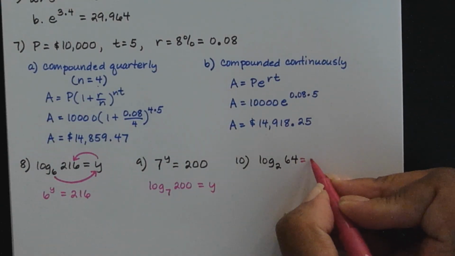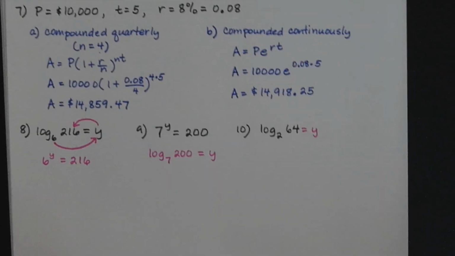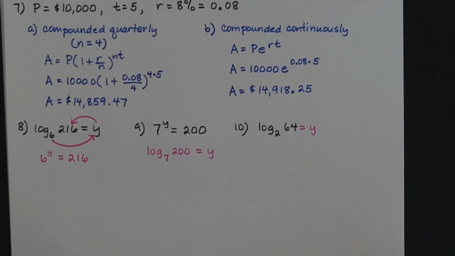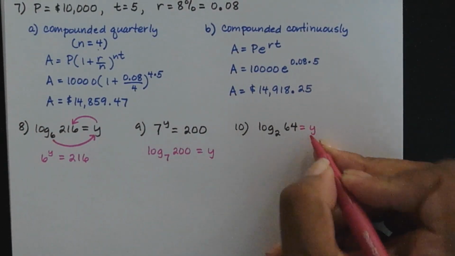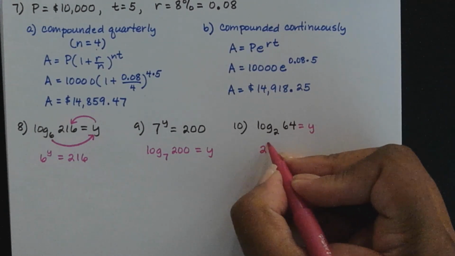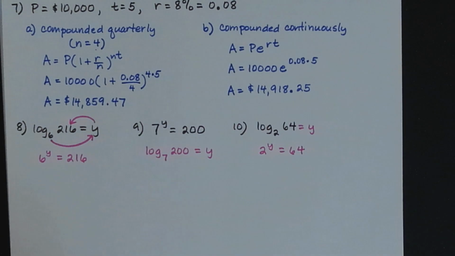I'm going to let y be that missing exponent. If I convert that into its equivalent exponential form, it's going to be 2 to the y, which is that missing exponent, equals 64. So in other words, 2 to what power would be equal to 64?